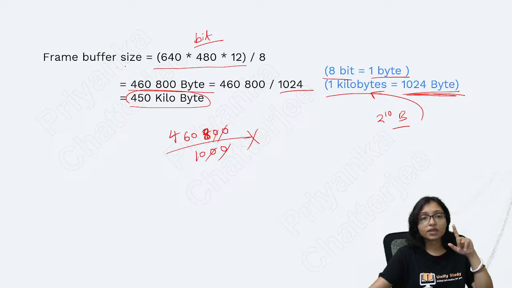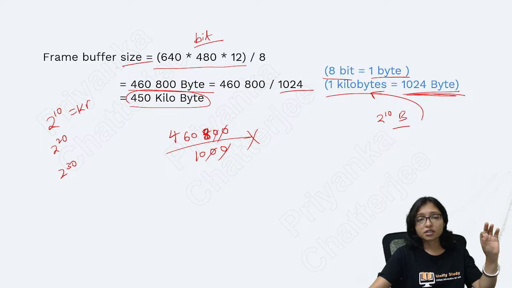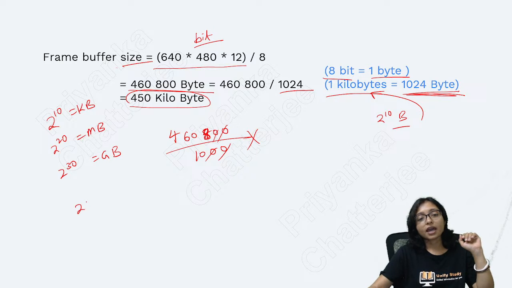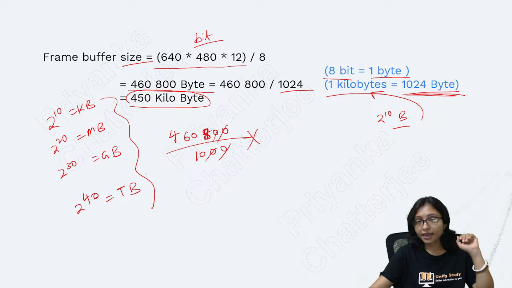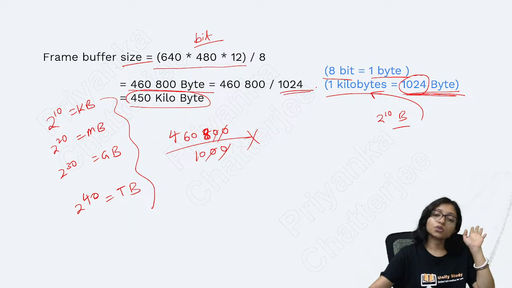But whenever you are talking about size in the computer, byte, kilobyte, megabyte, KB, MB, GB, these are all 2 to the power 10, 2 to the power 20, 2 to the power 30. In computer science, this is very very important. This is your KB, this is your MB, this is your GB, and 2 to the power 40 is your TB. Don't make a mistake here. It is not 1000, it is 1024. That is the reason you have to divide by 1024.